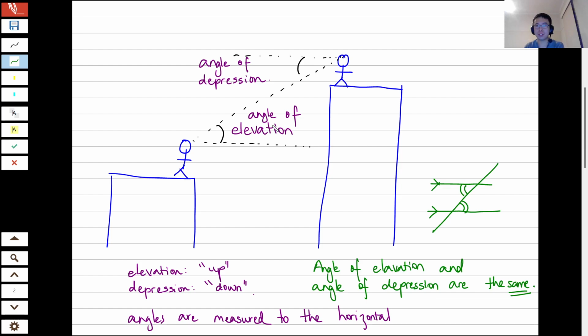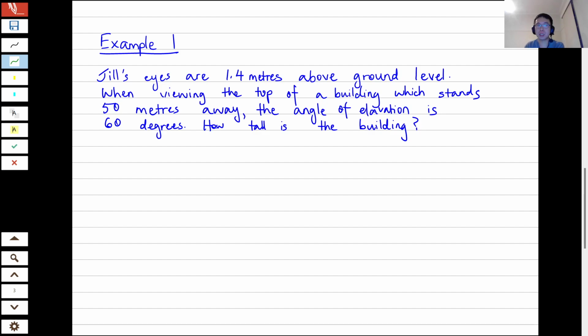All right, let's do a couple of examples. I'll give you a moment to read that. Feel free to pause the video if needed. The key information here is that we are told someone is 1.4 meters tall, and they are viewing a building which is 50 meters away, and the angle of elevation is 60 degrees.